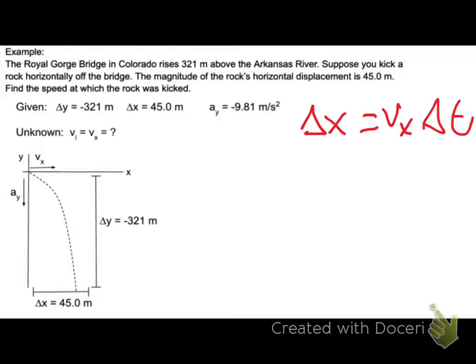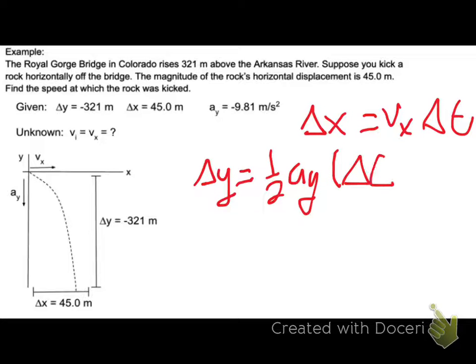The last one from the previous page that has delta y equaling 1/2 of acceleration y times time squared. Okay, so we should then be able to resolve this equation to get time by itself.